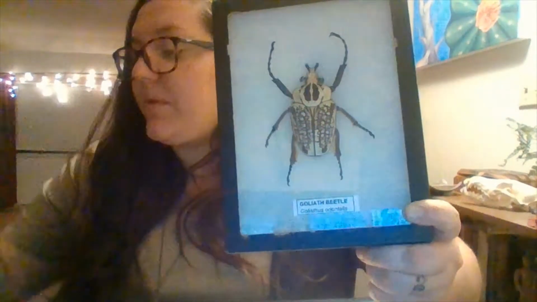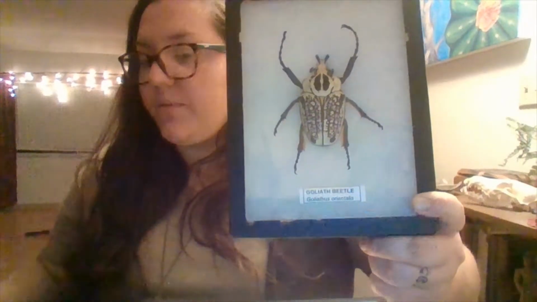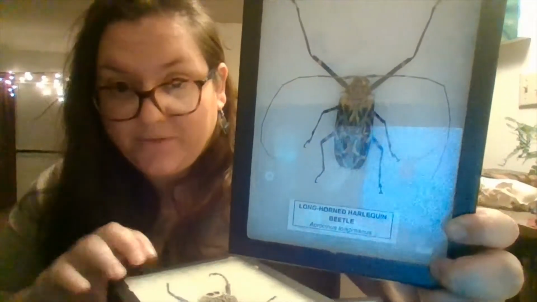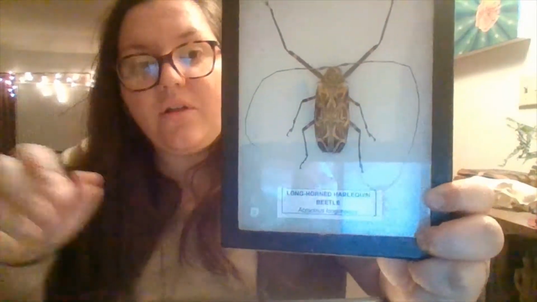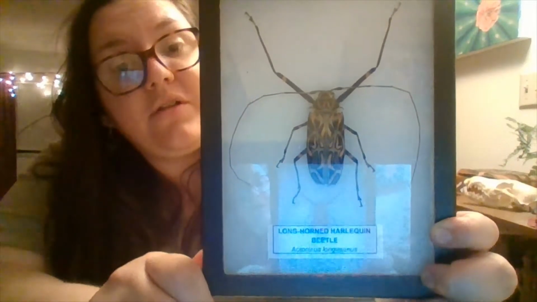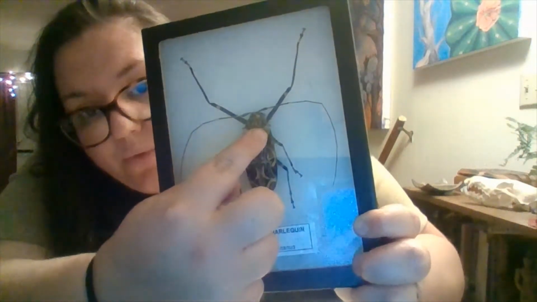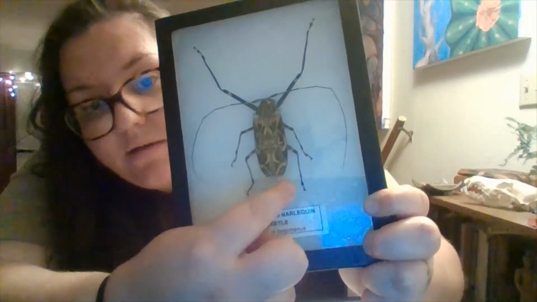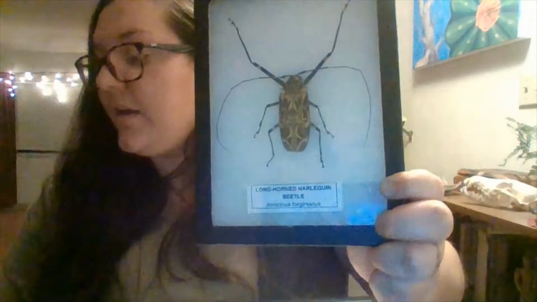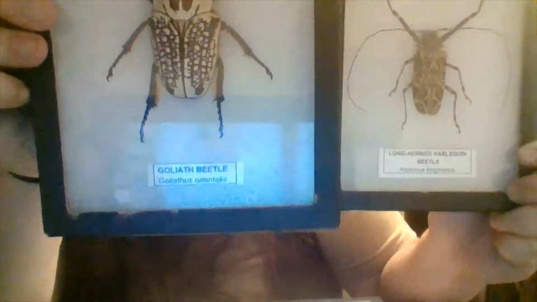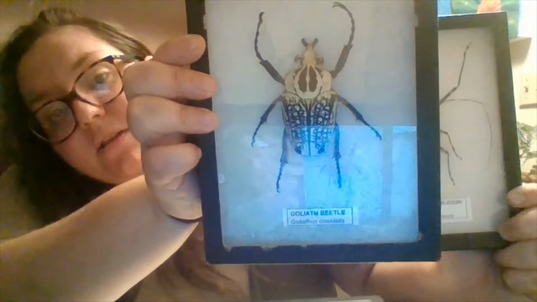Sometimes they're more round, sometimes they're more elongated. So just for comparison, here's another beetle that, don't worry, is not from here. This is a longhorn harlequin beetle, and we can see that in this example the abdomen is very elongated as opposed to our Goliath beetle, where we have an abdomen that's a little more round.